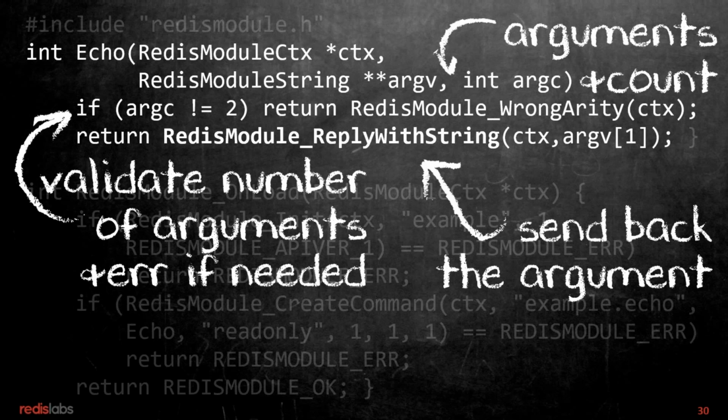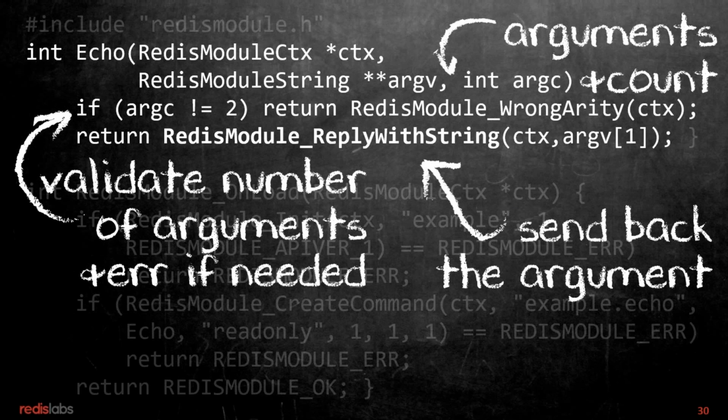So the first thing I'm checking is whether I have the right number of arguments. That is 2. I expect to get 2 arguments, the command's name and the argument for that command, which I will repeat. And if there's no error, I just return a reply with Redis Module underscore reply with a string, and I just reply with the same argument that the user had sent.